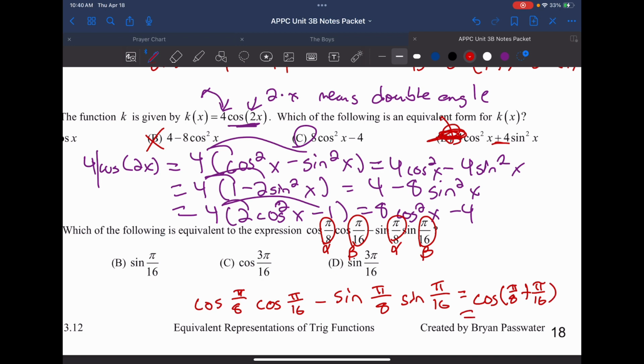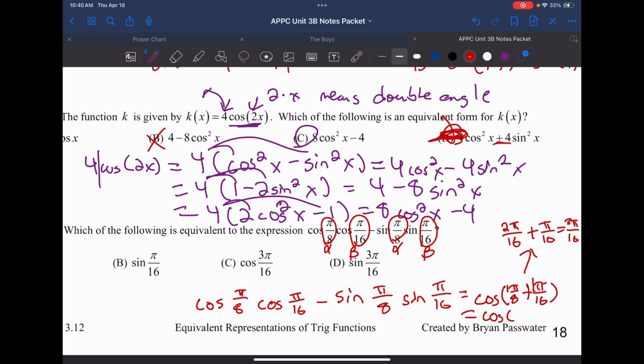And to simplify this, you can rewrite pi over 8 as 2 pi over 16. Just ignore the pi's and just treat these like ones, if that helps. Then plus pi over 16, so 3 pi over 16. So cosine of 3 pi over 16. And cosine of 3 pi over 16 is C.